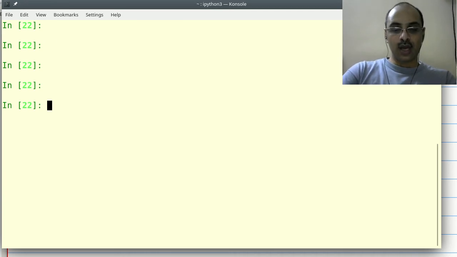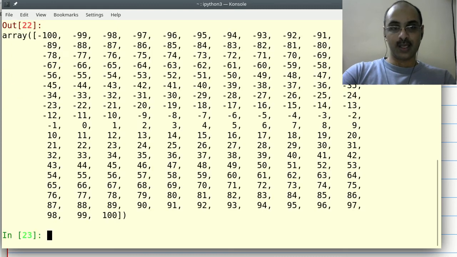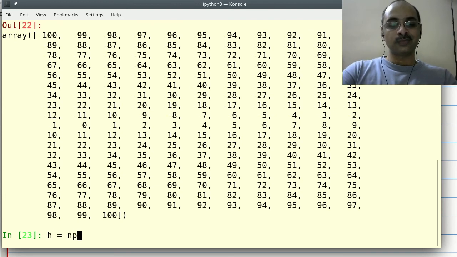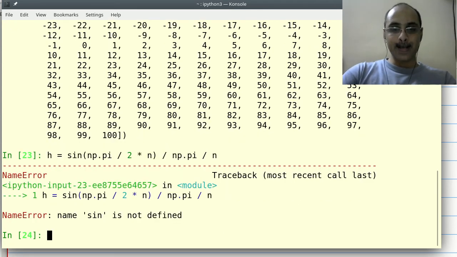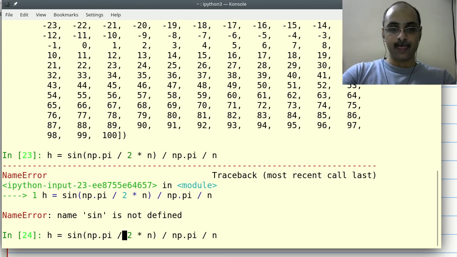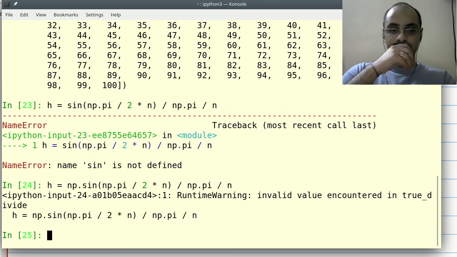So I am going to just say my n is between minus 100 and 100. Let's choose omega_c to be pi by 2. I'm sorry, it should be np.sinc, and we'll handle the division by 0.